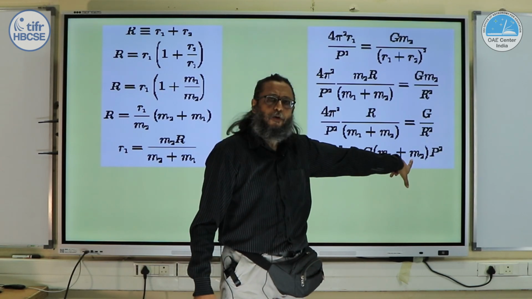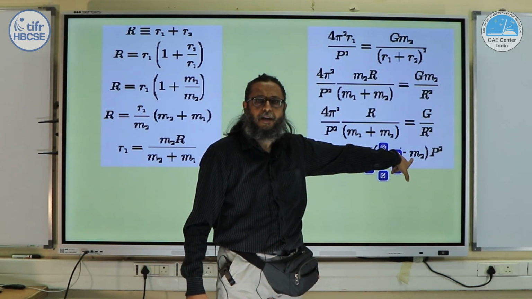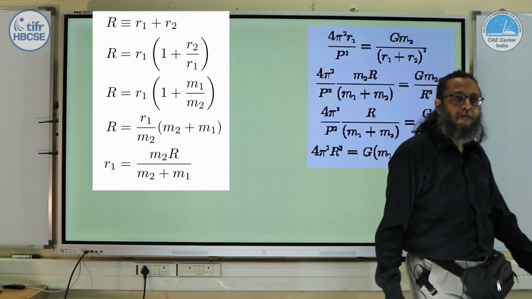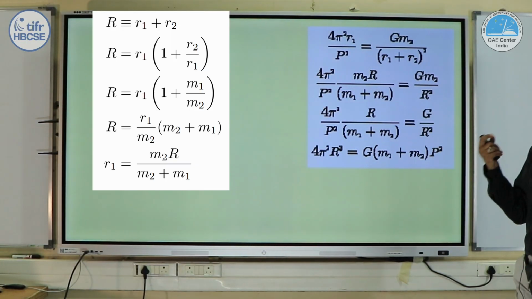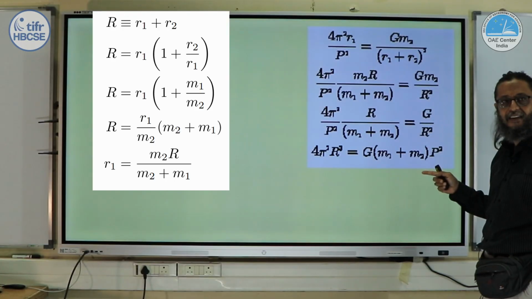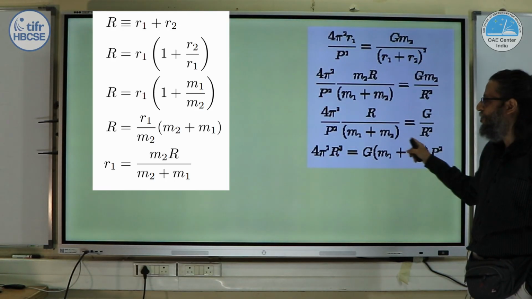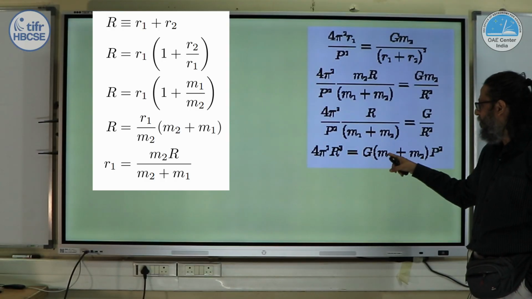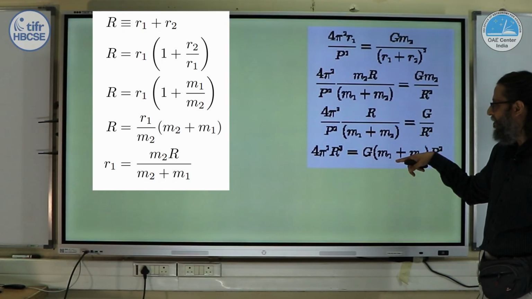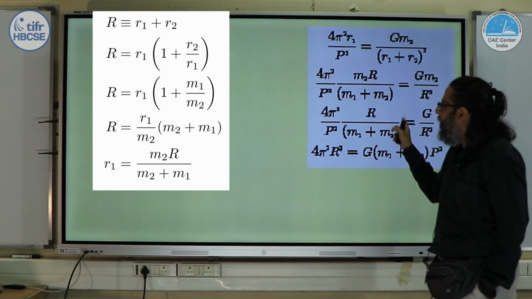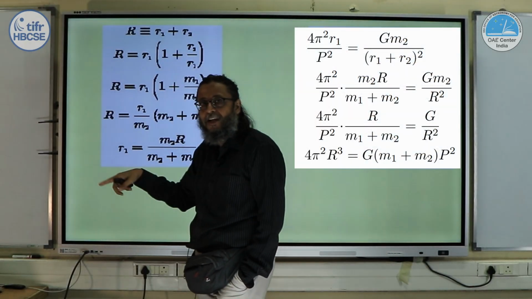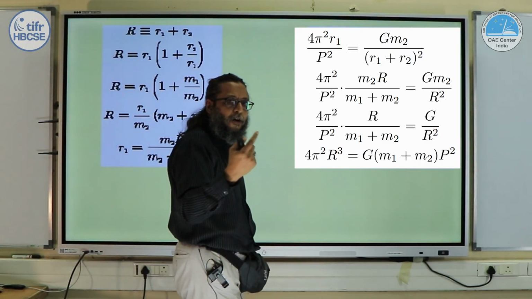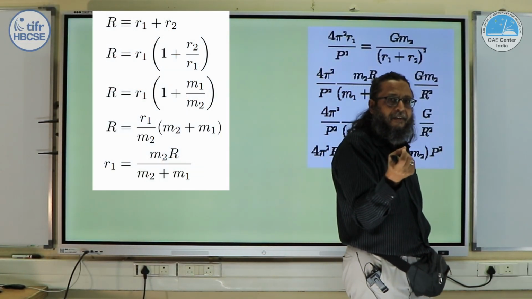And if you know what the orders of magnitude of M1 and M2 at least are, and periodicity is something we can measure very easily, then you have classified the system. You know now what R is, what M1 and M2 are. And as I said, using this value, you can go back to this relation or this relation, and iteratively get better estimates of your masses and the radii.